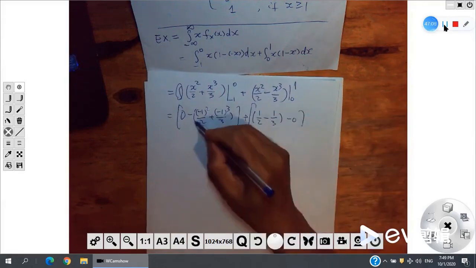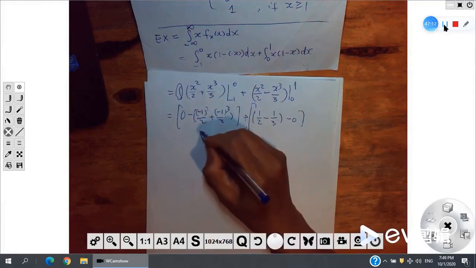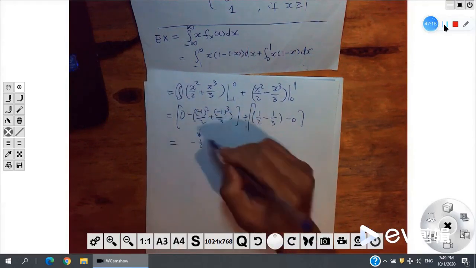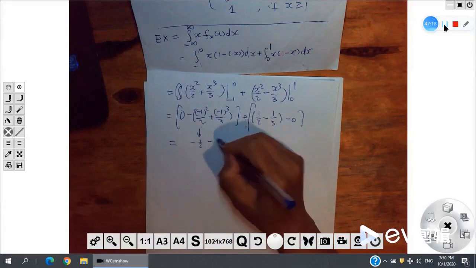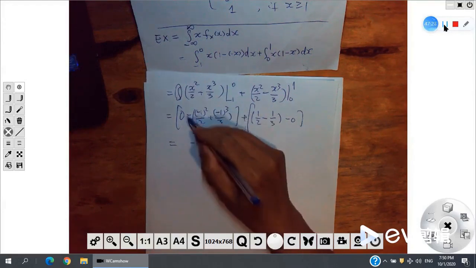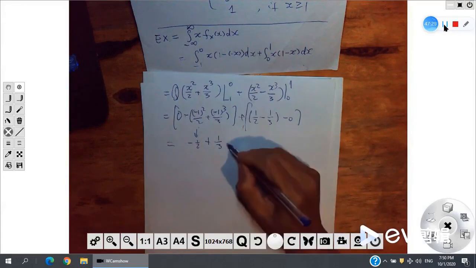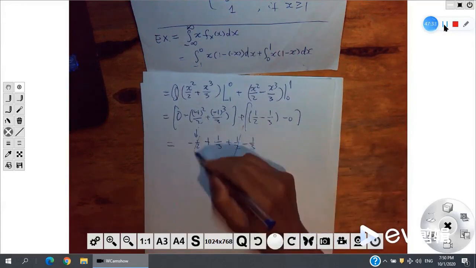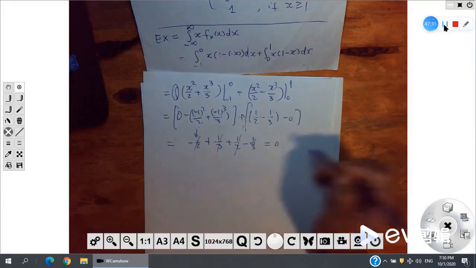This one is a negative 1 over 2, right? Negative 1 over 2 and minus 1 over 3 plus, right? It's a plus. I have 3 negatives and 1 more negative, so it's a plus. And here is plus 1/2 minus 1/3. Oh, you see? Cancel, cancel. So it is 0.